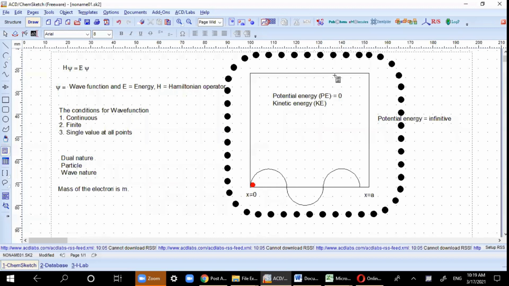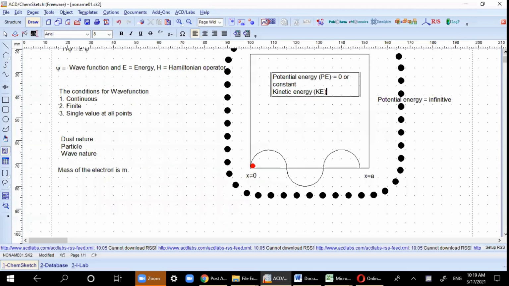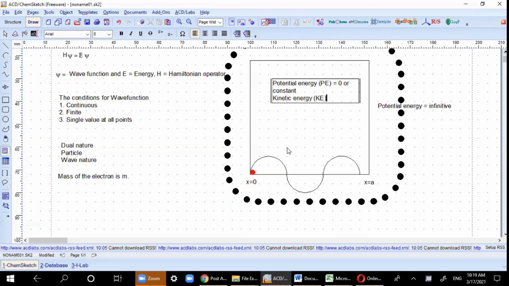So inside the box, the potential energy is 0 or constant, and outside the box the potential energy is infinity. Why are we assuming this one-dimensional box? Let us assume this is an orbital. What is an orbital? Anybody can answer, please unmute yourself. It contains the electrons; the probability of finding an electron is the maximum.